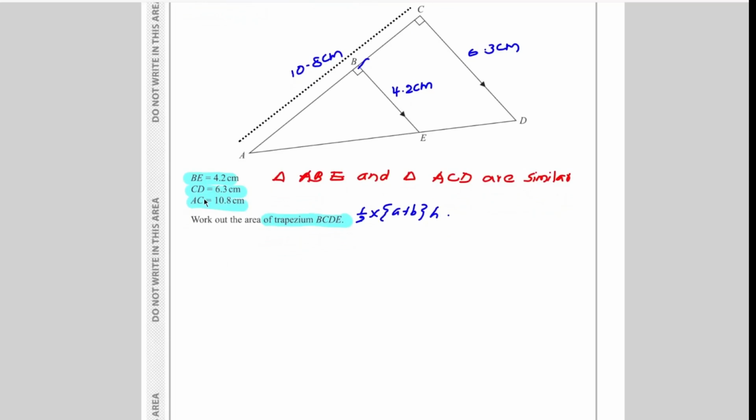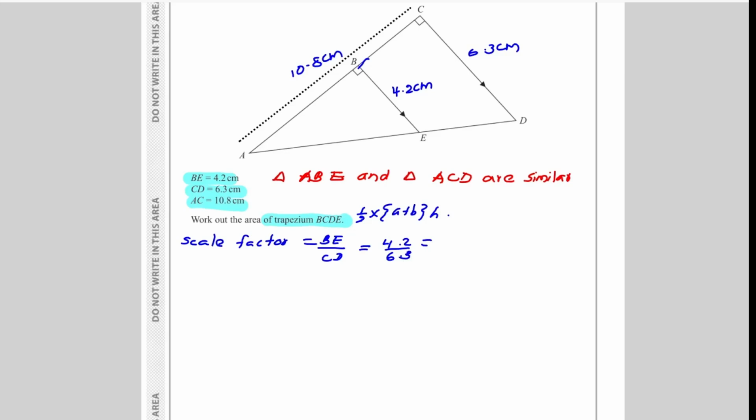Therefore, let's apply the similarity rule. So let's write it in this way. Scale factor equals BE over DC, or CD, equals 4.2 over 6.3.